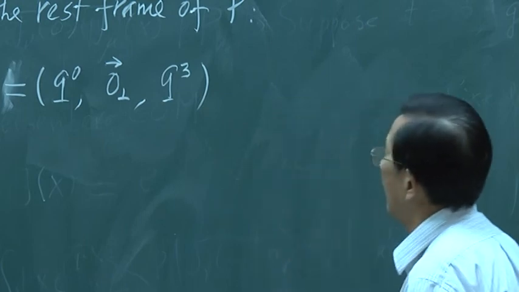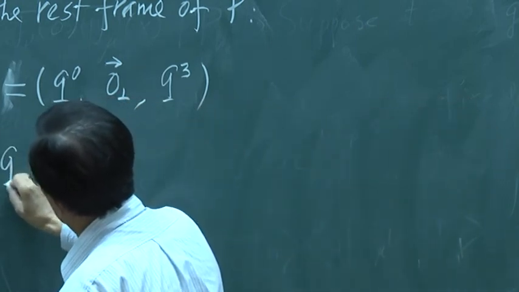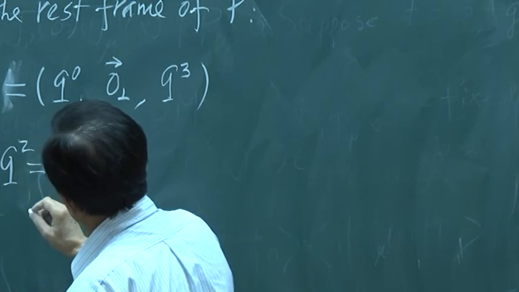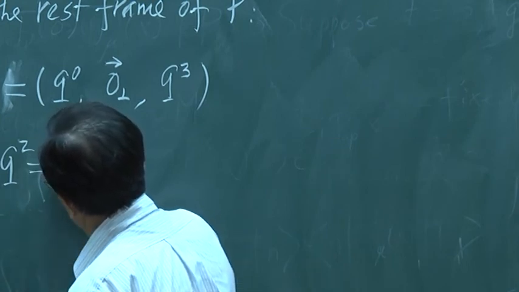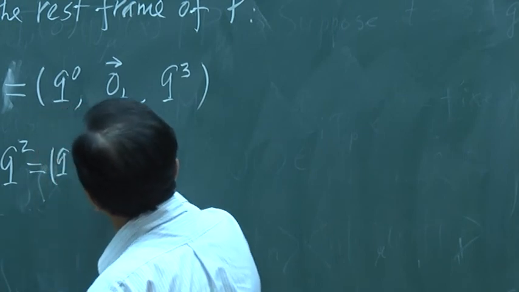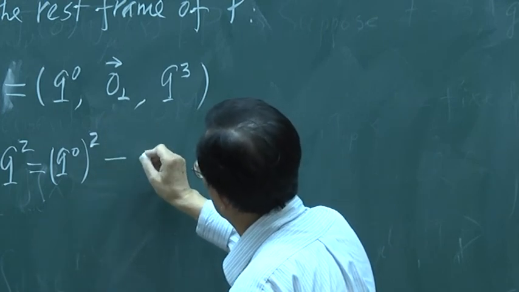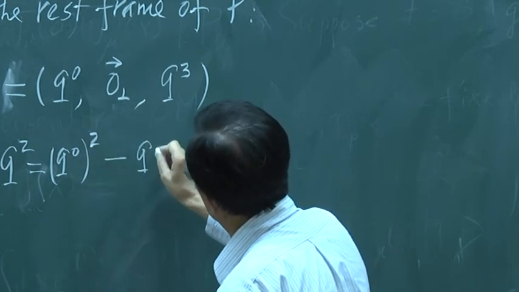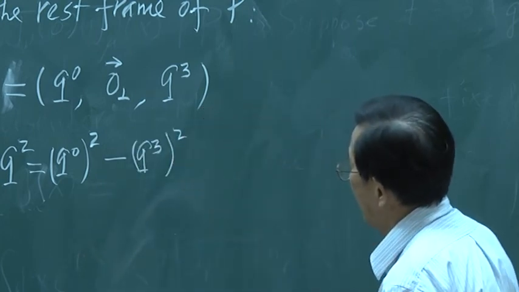Okay. Now we know that q squared is q0 squared, and there is no transverse momentum, so this only becomes q3 squared. Okay?